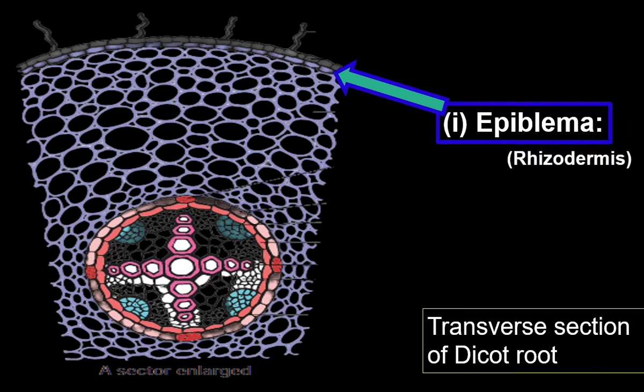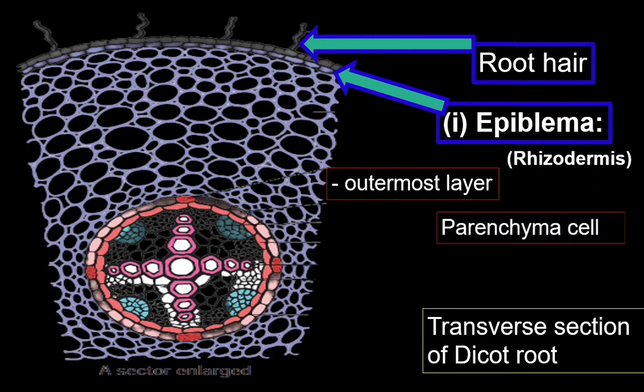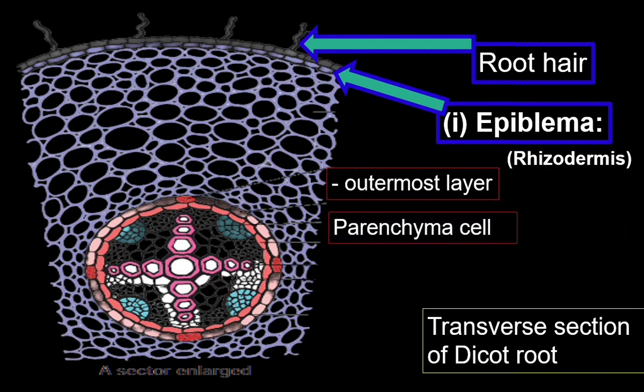The rhizodermis is made up of single layer of cells. Root hairs arise from the epiplasma. Root hairs absorb water. It is made up of single layer of parenchyma cells.